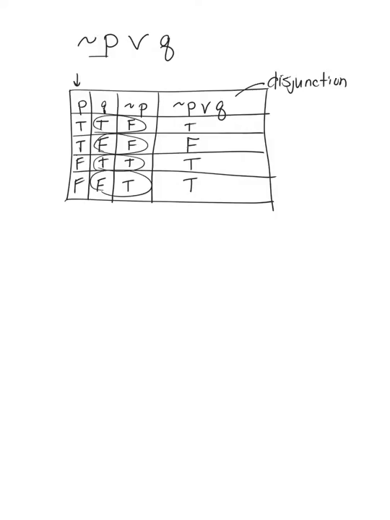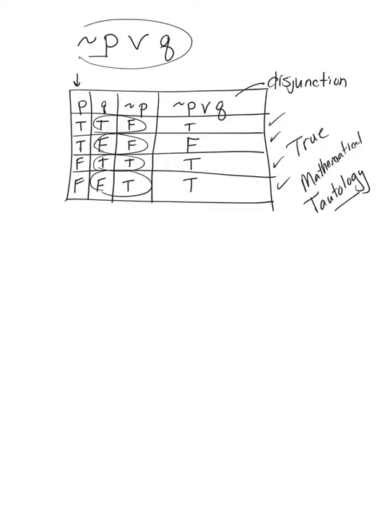Now, if all of these columns turn out to be true, which in this case they don't, but if they do, then I have what's called a mathematical tautology. Sometimes you're given two expressions like this and asked to see if they are logically equivalent.